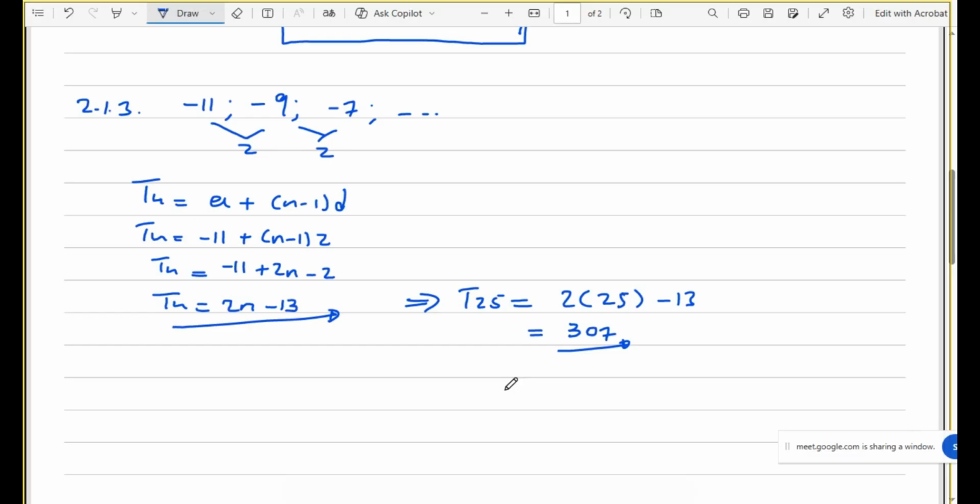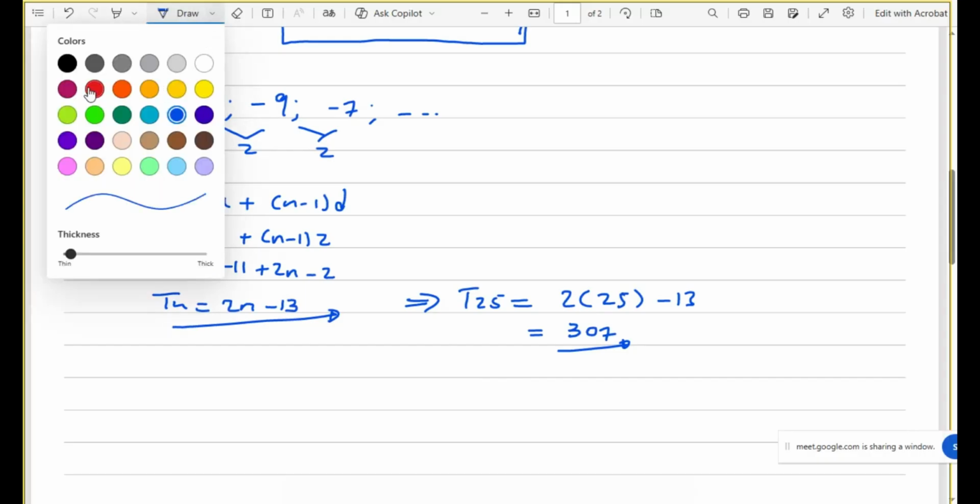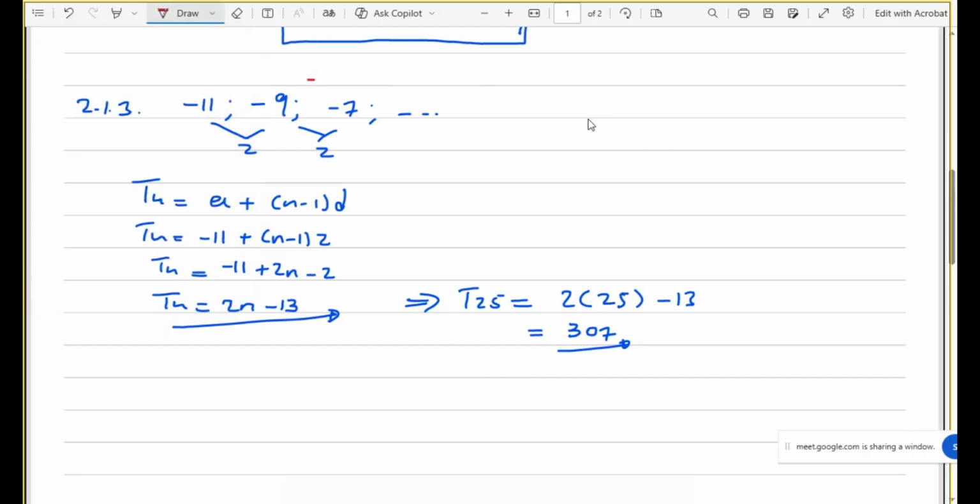I mean, T25, I get n equals 25. Don't we substitute it into the quadratic that we got, and as well as T26, where n is 26? We substitute it into the quadratic equation we got, and then we'll get 307 and 344. So T25 minus T26 will be 307 minus 344, and it will give us negative 37 as the difference. I'm not sure, but I'm just asking.